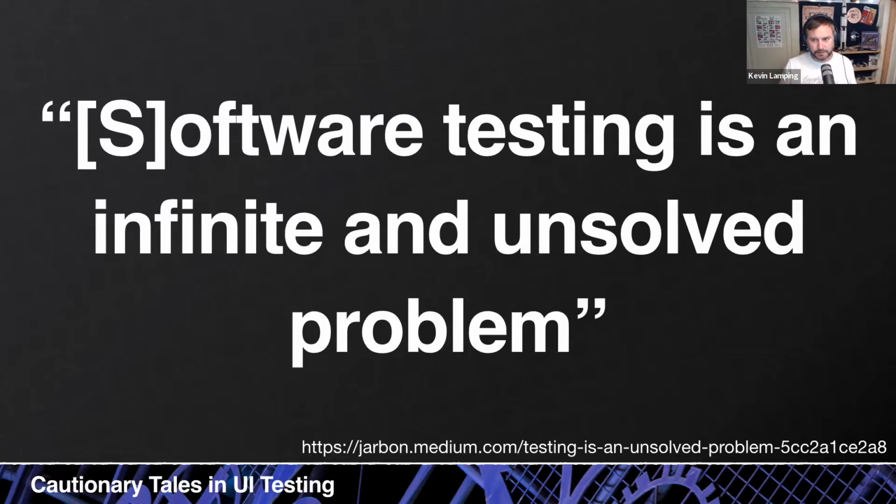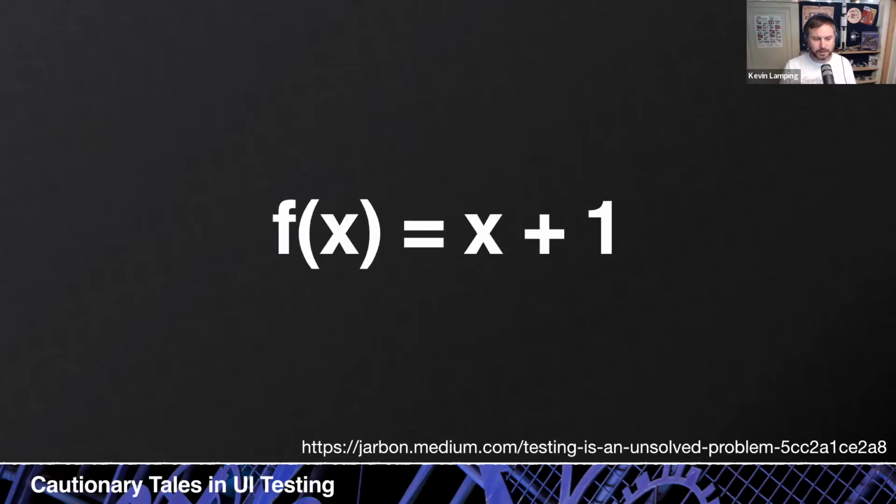You got to really believe that, because if we look at this function again and we think about how do we test this function, well, it's pretty basic. You call the function with a number, you validate that it returns 1 more than that number. Well, that works for that number, but what about the next number and the next number?